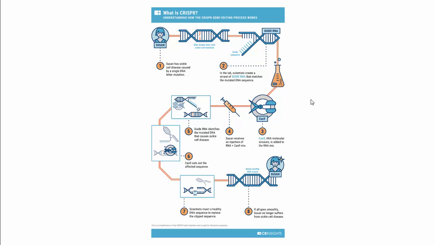Scientists think that there is a possibility we could deliver corrected genes into the lung cells of people with cystic fibrosis using this technology to basically fix those cells inside of a person so they no longer have this genetic defect.